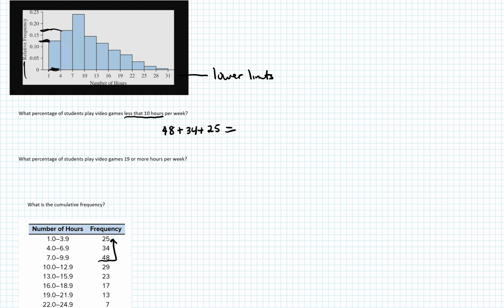So when I add all that up, I get 107. So I need to know the percentage. So 107, there's 200 total, times 100. So 107 divided by 200 is 0.535 times 100 is going to be 53.5%.